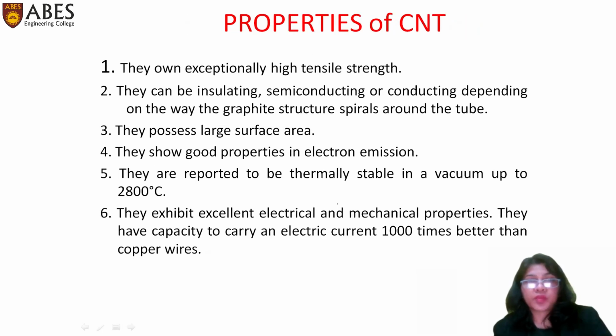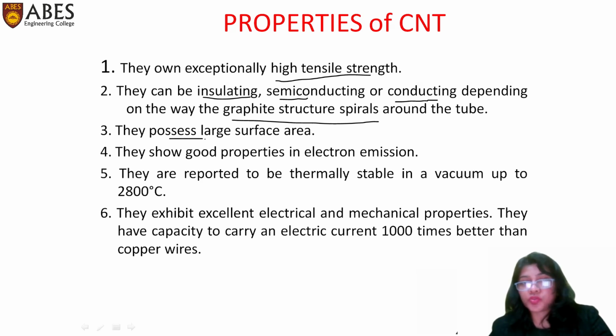Now, the major properties of carbon nanotube: they have exceptionally high tensile strength. Carbon nanotubes can be used as an insulating material, semiconducting material, or conducting material, depending upon the way the graphite structure spirals around the tube.